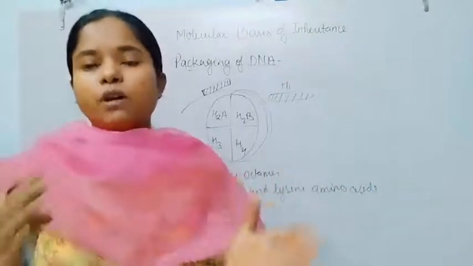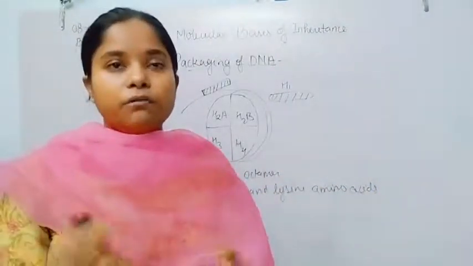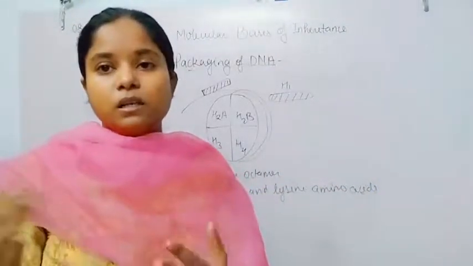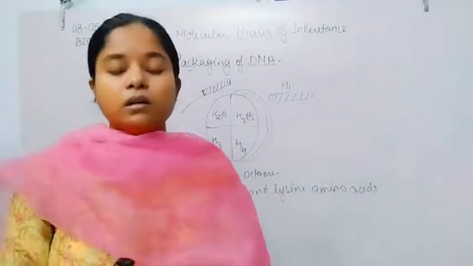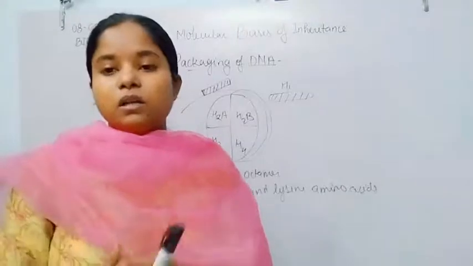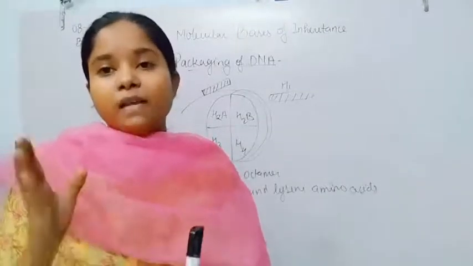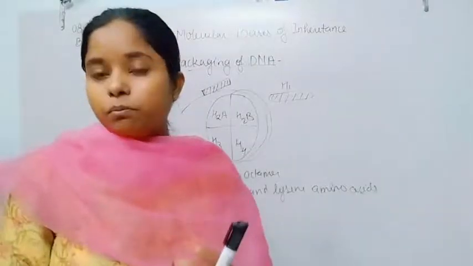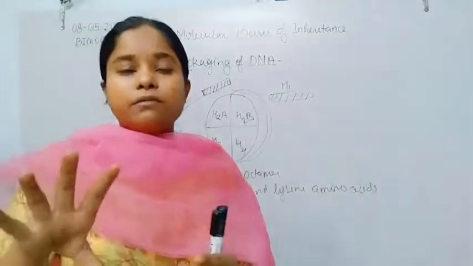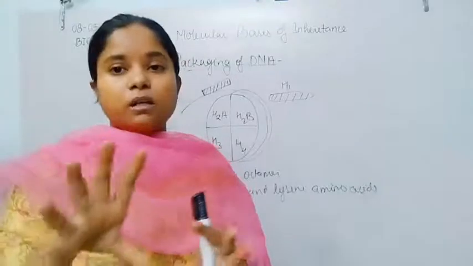So for example, if we are attacked by certain bacteria or viruses, there is need for immunity, and that immunity is given by the antibodies. Antibodies are also a protein, and the cells which synthesize the antibodies are the plasma cells.